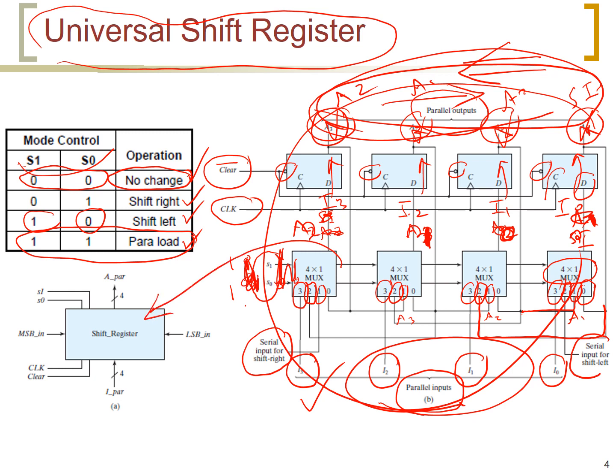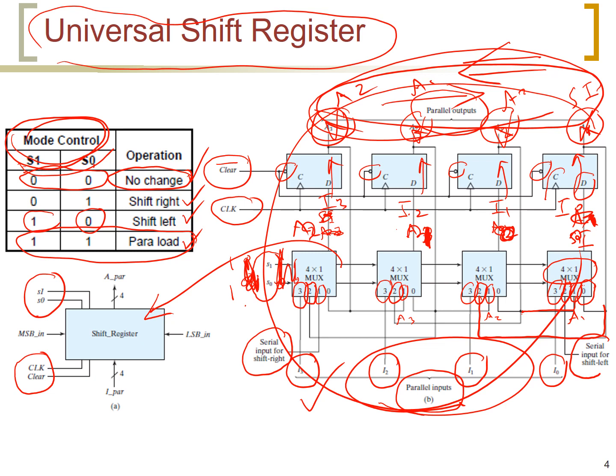It has clock and clear, as we have explained here, and it has two selection lines, S1 and S0, that control the operation, and we call this mode control, because depending upon the values of S1 and S0, it will determine how the register will function.